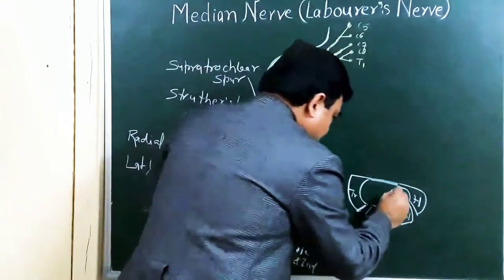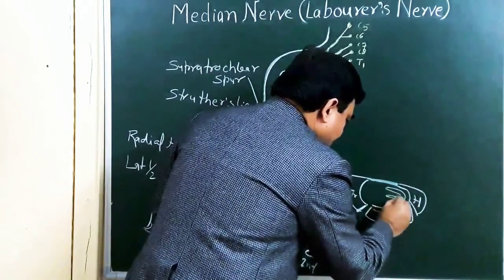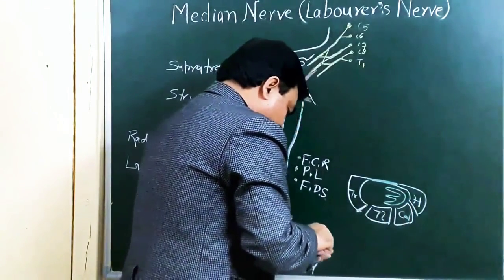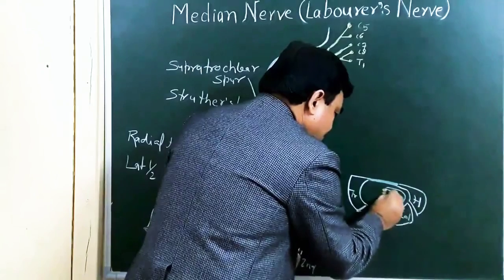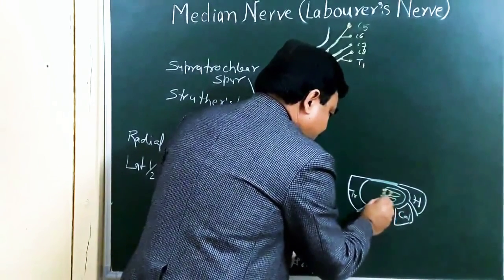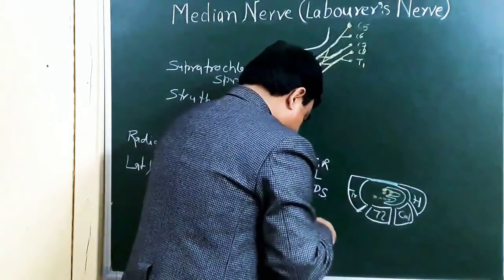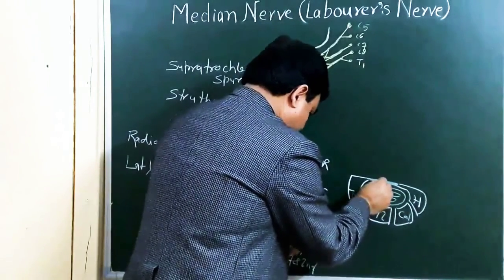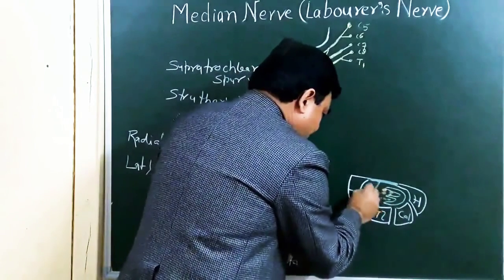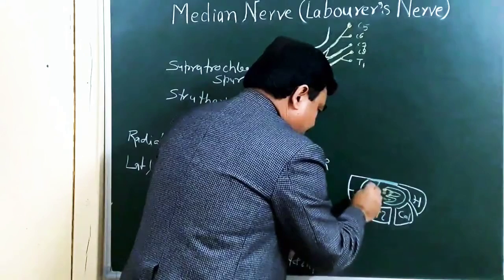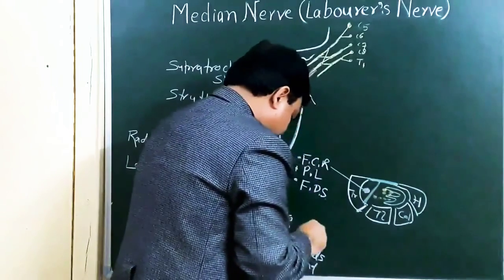Deep to this, here is the ulnar bursa. Here are four tendons of flexor digitorum superficialis and four tendons of flexor digitorum profundus. Here is the tendon of flexor carpi radialis.